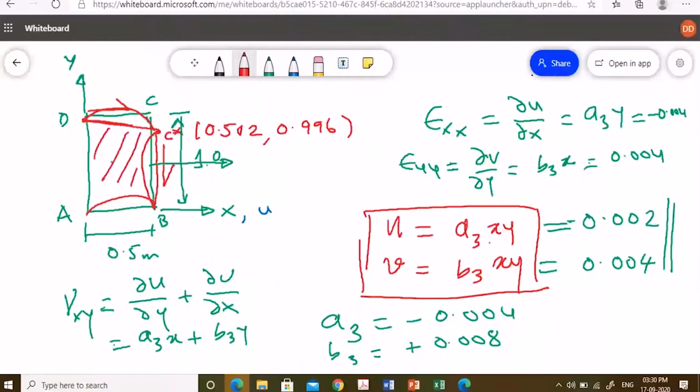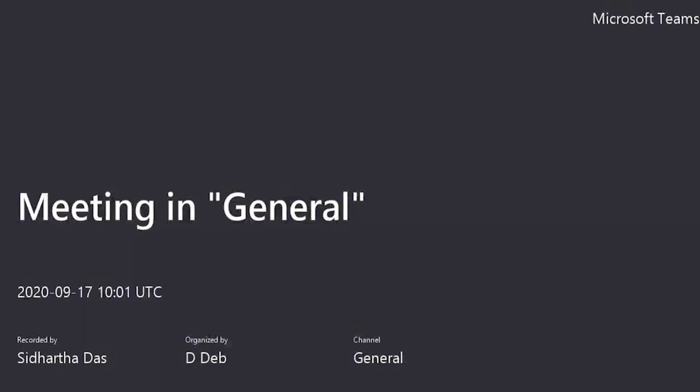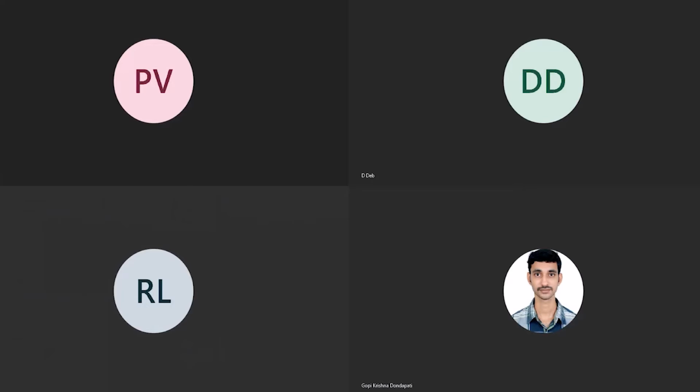So it has not happened like that. If there were nonlinear terms, then we could have gone to higher terms.